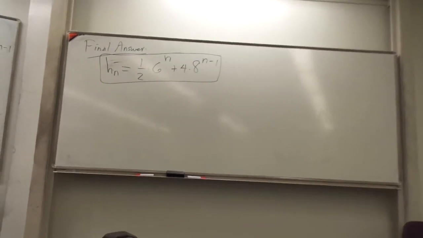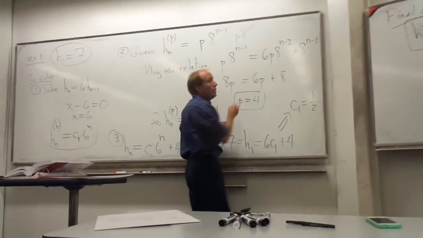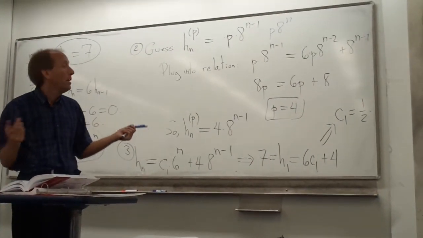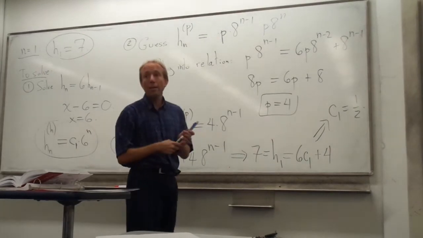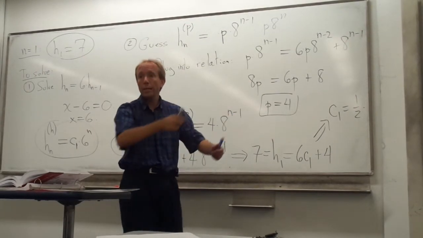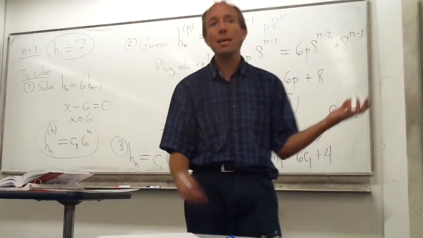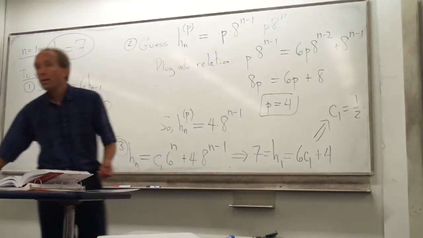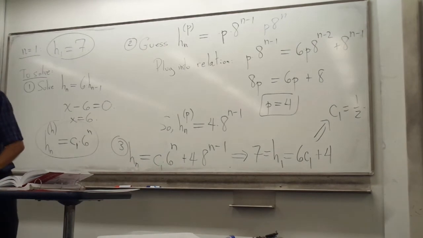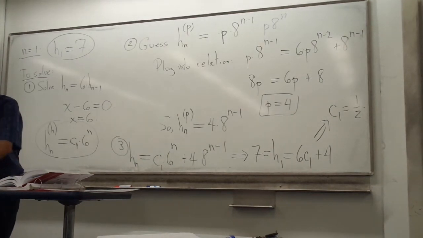If you had started this with p times 8 to the n, you're going to get the right answer. You might get a different value for p, right? But it wouldn't be a bad idea to work it through with your calculation and convince yourself that at the end of the day, you do have the same answer on the board. So it should be okay.